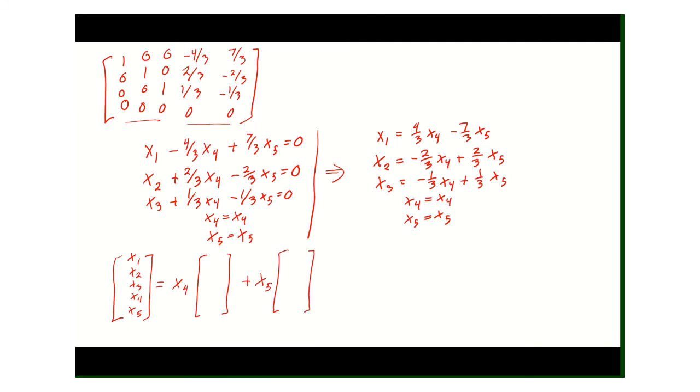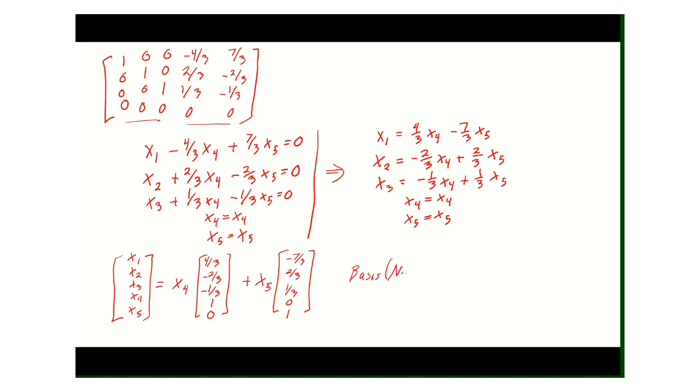And for the coefficients, we now just pull them out of our equations. 4/3, minus 2/3, minus 1/3, 1 and 0. And for x5, we have minus 7/3, 2/3, 1/3, 0 and 1. Now that I have this, this just gives me my basis.